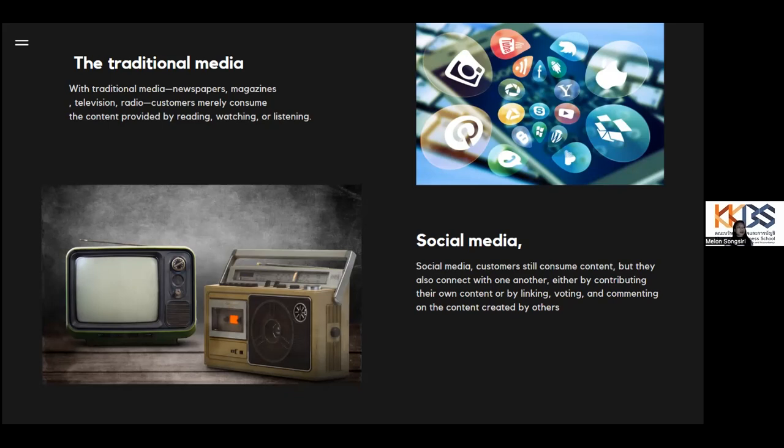In contrast, in social media nowadays, customers still consume content, but they also connect with one another, either by contributing their own content or by linking, voting, and commenting on the content created by others.